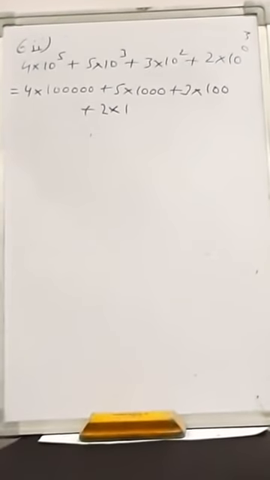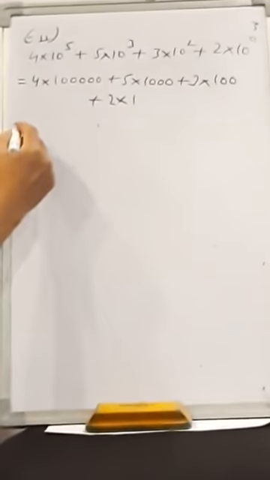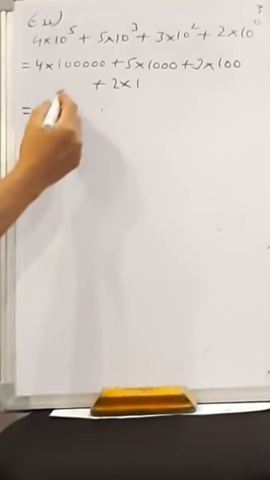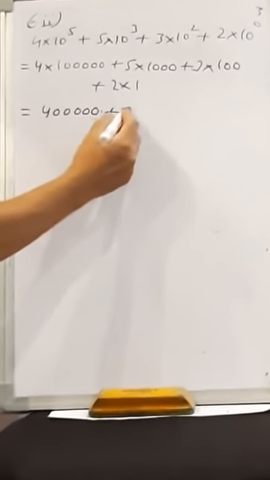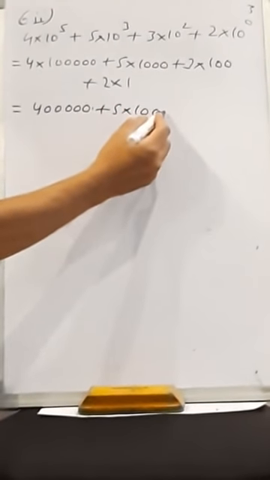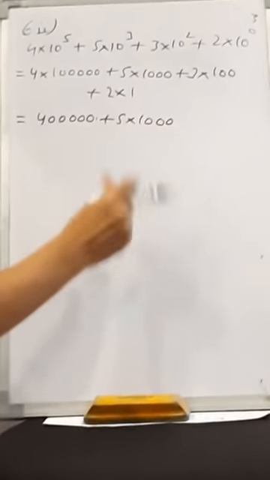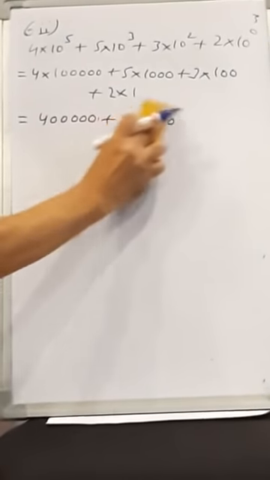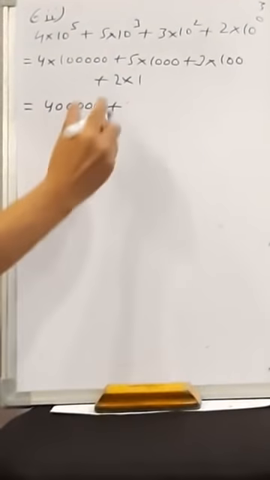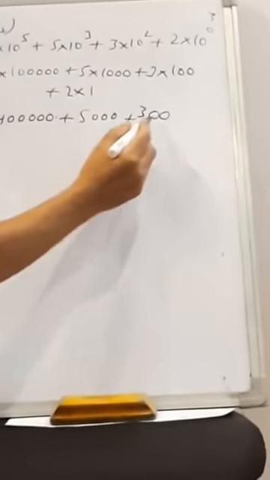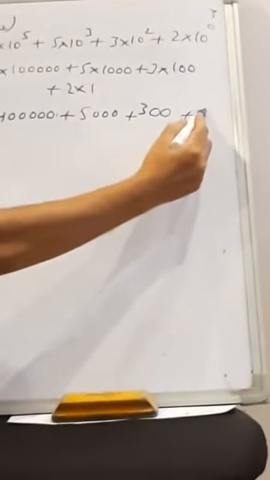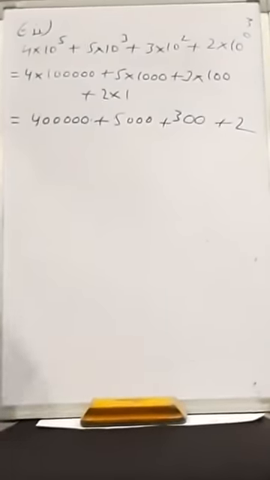You know, right? Now we multiply this. So 1, 2, 3, 4, 5 zeros here. 5 into 1000, you can multiply and write 5000 plus 300 and plus 2 into 1, that is 2.